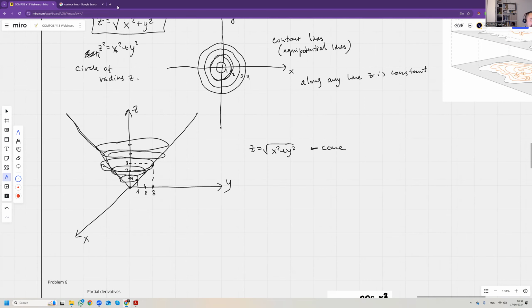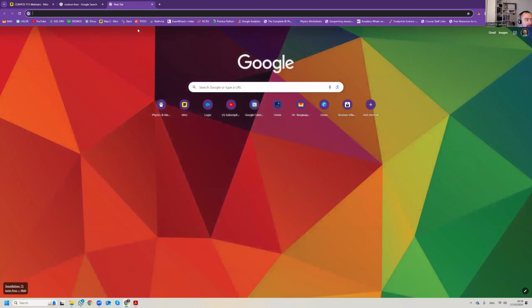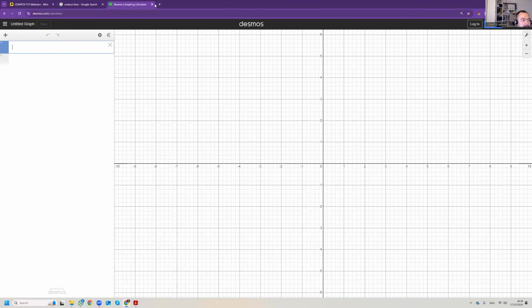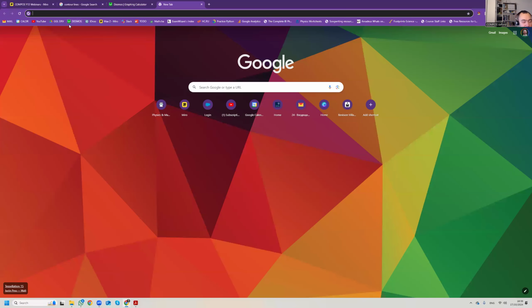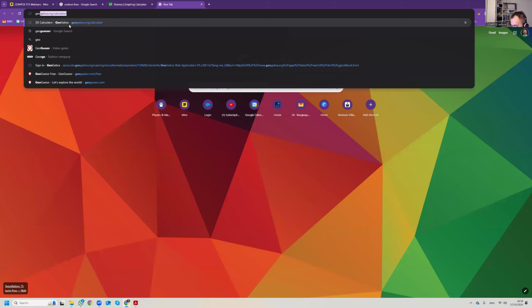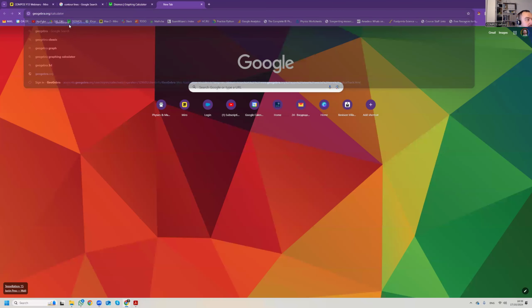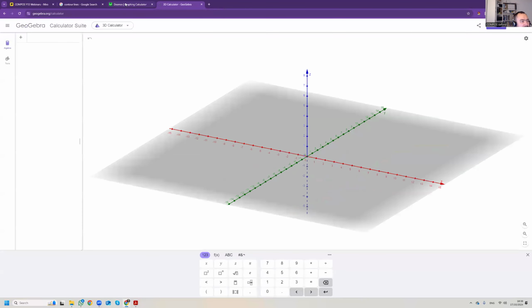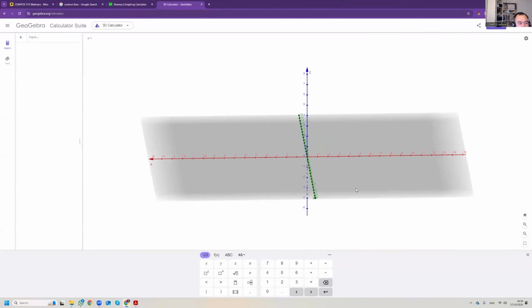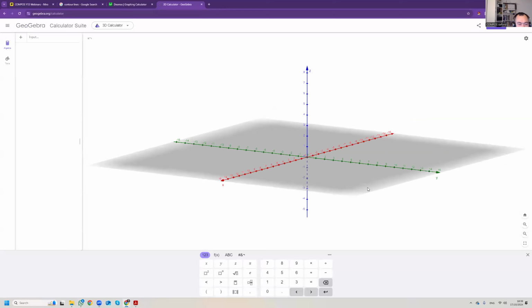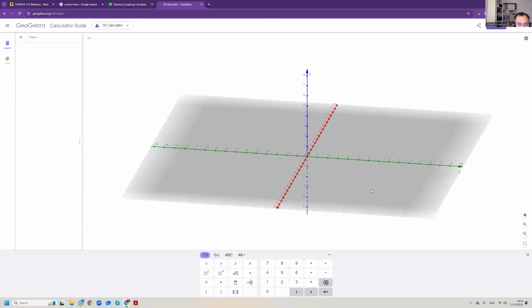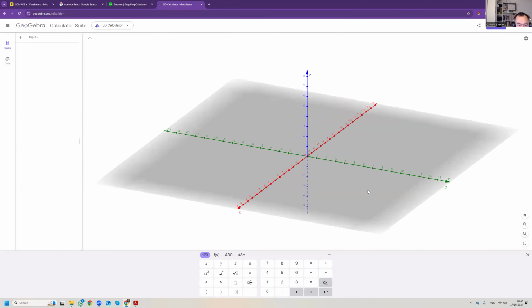Let's verify that. My favorite, not Desmos, sorry, GeoGebra. Actually, I think Desmos does 3D, but okay, whatever. So here are the axes. We have x towards us, y to the right.